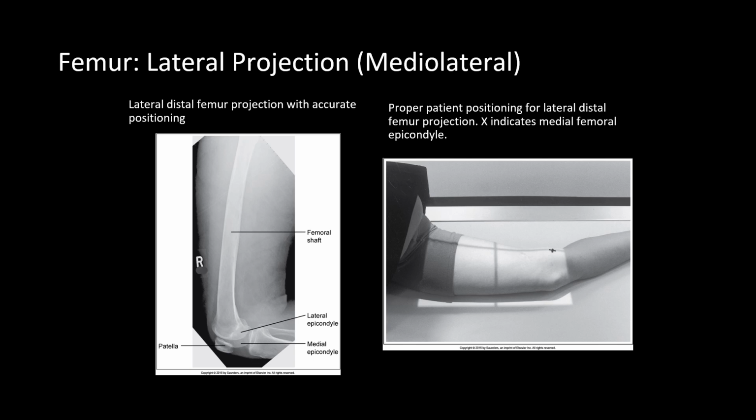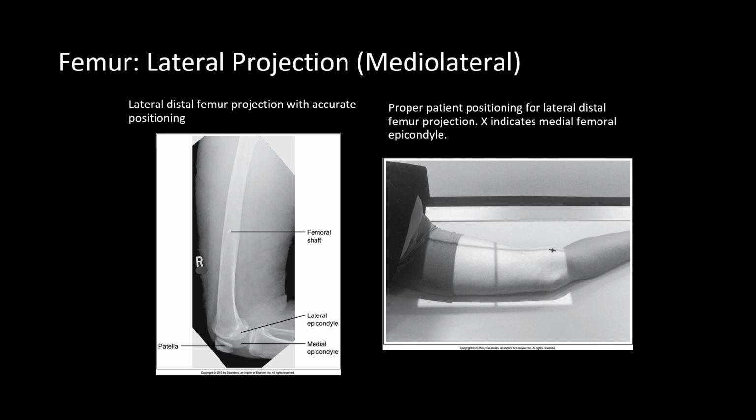The femoral shaft should be demonstrated without foreshortening. The medial femoral condyle will be demonstrated distal to the lateral femoral condyle. The distal femoral shaft should be demonstrated at the center of the exposure field.